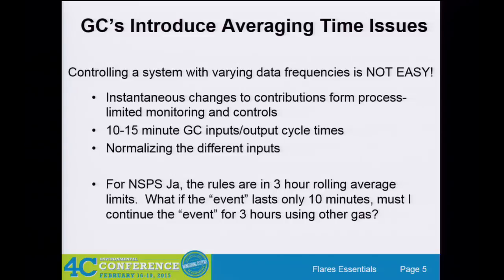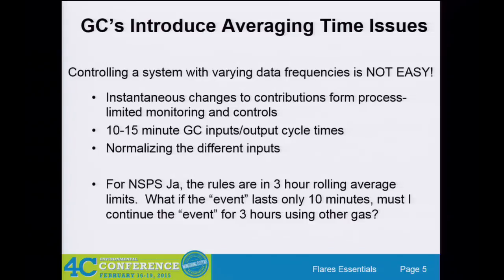Averaging times. This concept came in with the Marathon implementation. It was a big hurdle that they struggled with, just getting all the timing worked out.